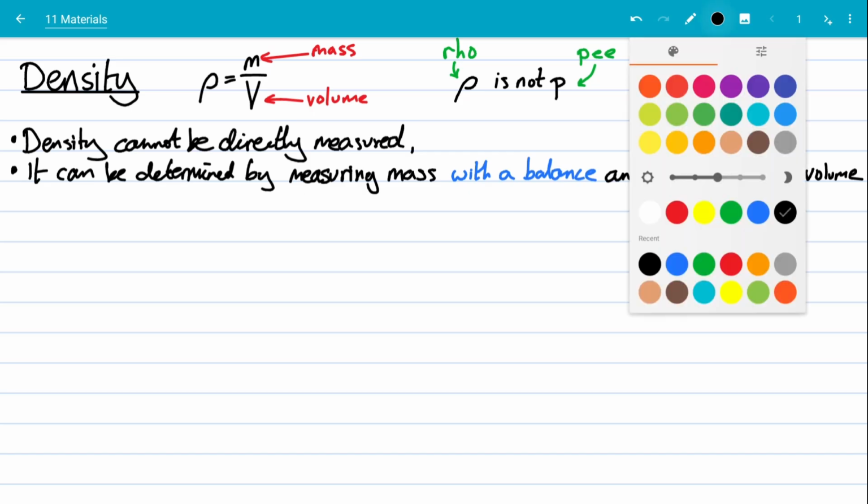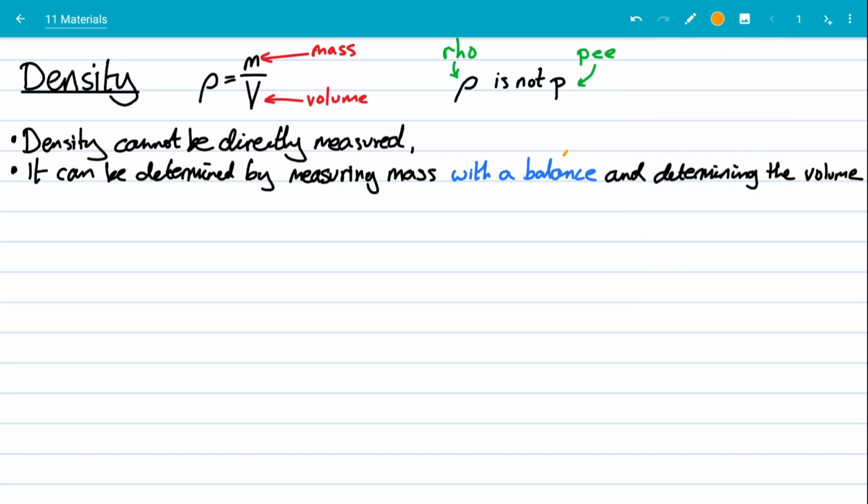A few important points. It is a balance, not a scale. A mass balance, a top pan balance, a digital balance, a triple beam balance, not a scale. Colloquially, they might be referred to as scales. We won't call it that. I also don't like saying we will weigh the item to determine its mass, because weight is a force measured in newtons, whereas mass is measured in kilograms.